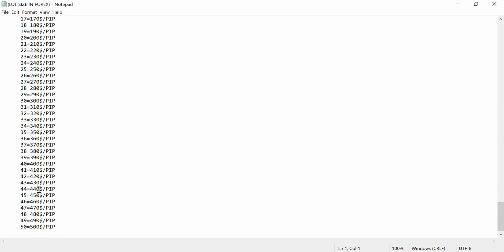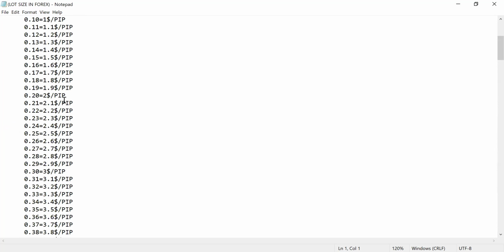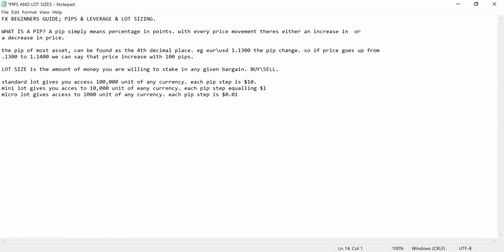Guys, this is basically all you need to know about pips and lot sizing and how they relate with each other. Okay, so now let's go back and talk about other things. Now, what is the concept of leverage?